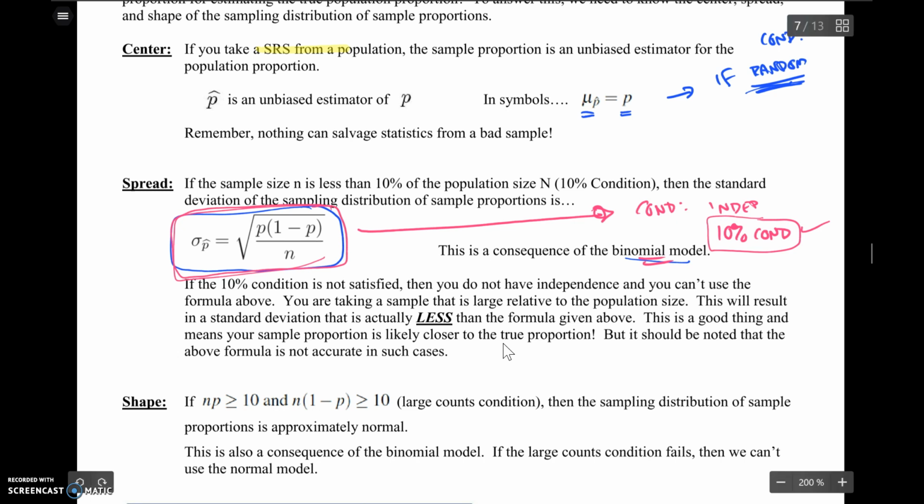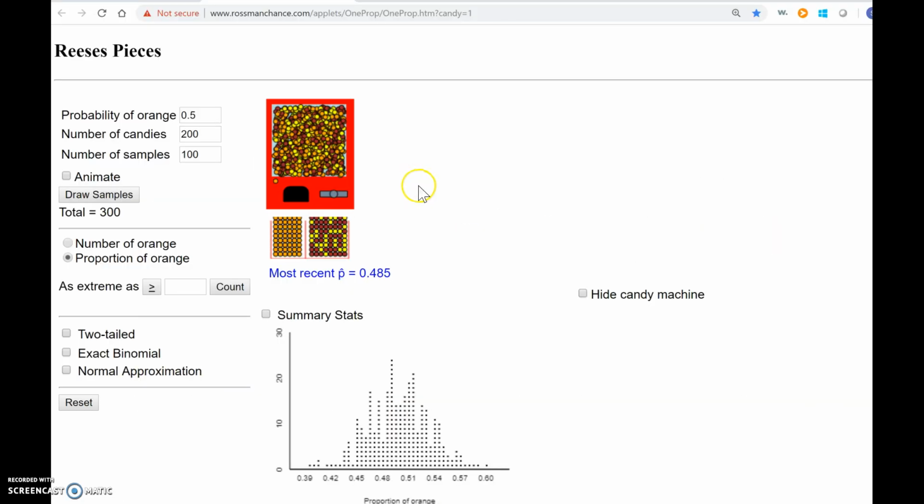Let's talk a little about what happens when the 10% condition isn't satisfied. But first, let me pause the video and do a quick demonstration to show that this formula works. For this applet, when 50% of the candies were orange, we had a sample size of 200.